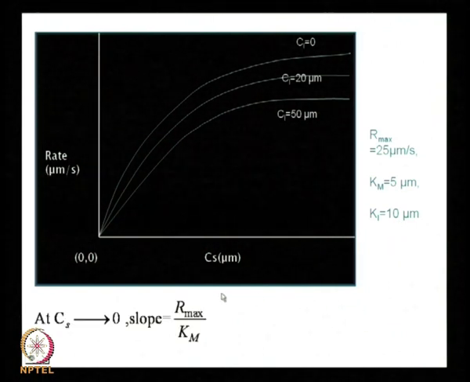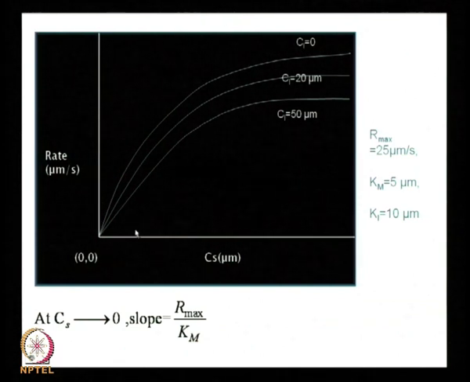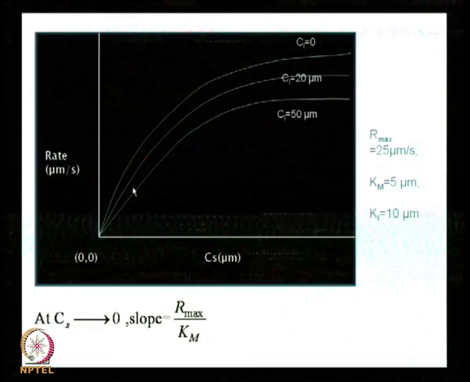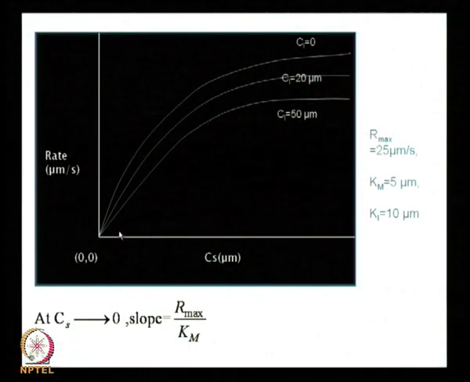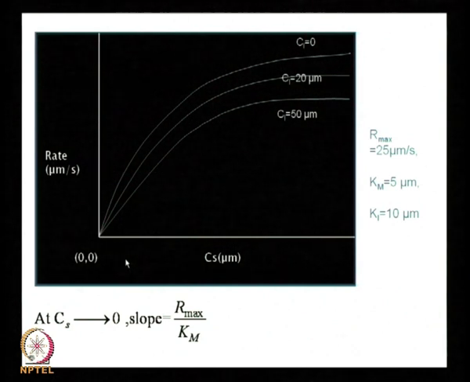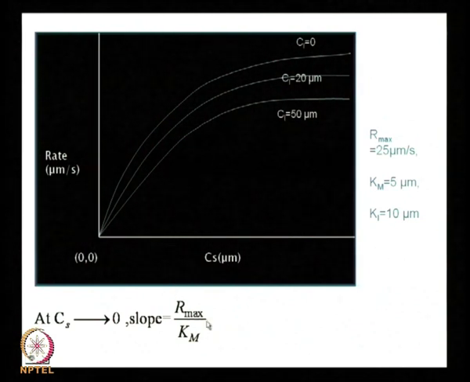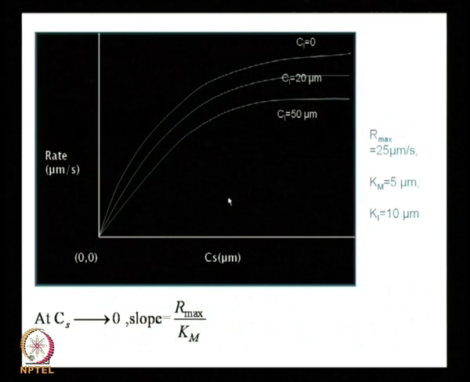The first thing that we see, and we have discussed this in the last class as well, is the first order asymptote. As Cs goes to 0, the slope goes to Rmax over Km. So though your Rmax remains the same, your Km changes, so the slope changes.